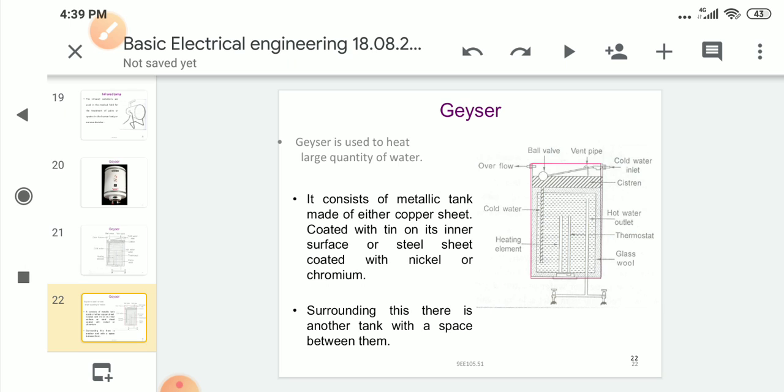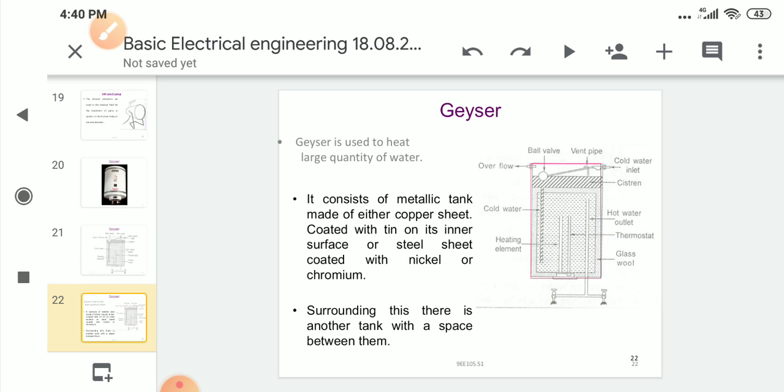It consists of this metallic tank. This metallic tank is made with either copper or insulated material.